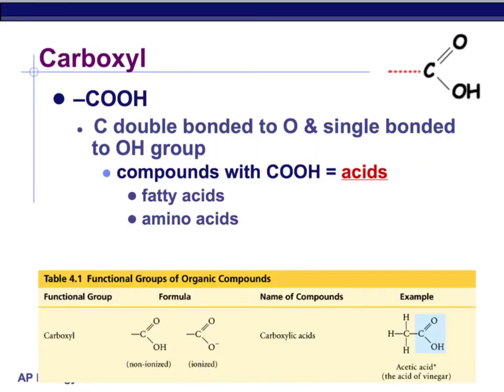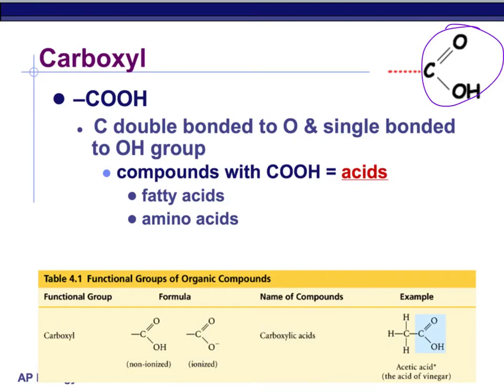The next group is the carboxyl group. These are acids. They're characterized with a COOH, so carbon double bonded to an oxygen and single bonded to a hydroxyl group. This is what it looks like up here.